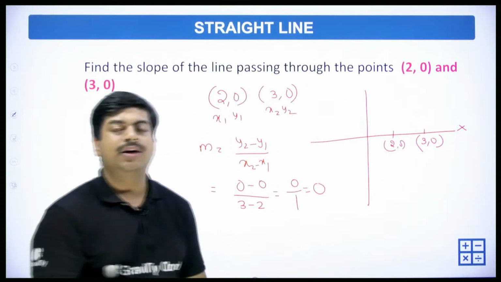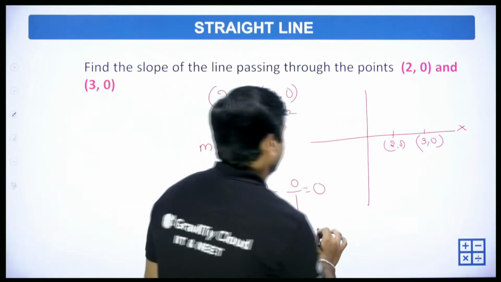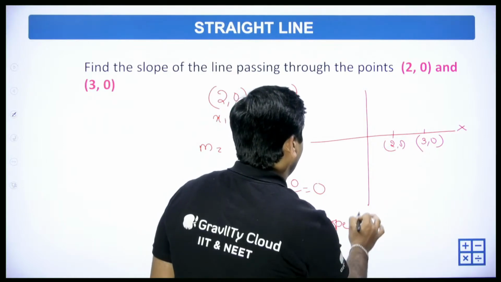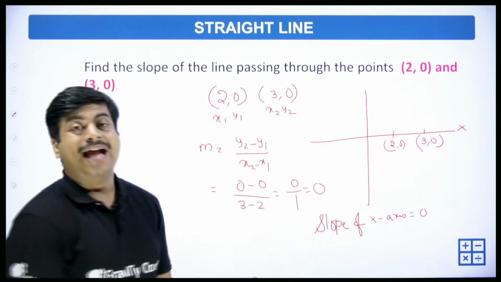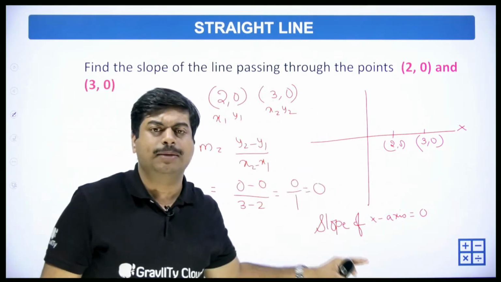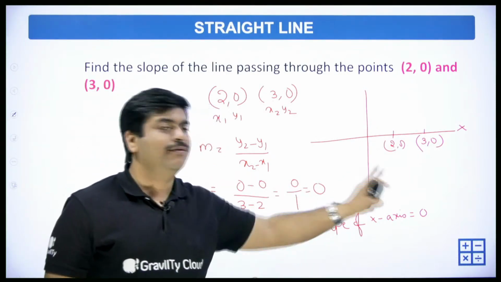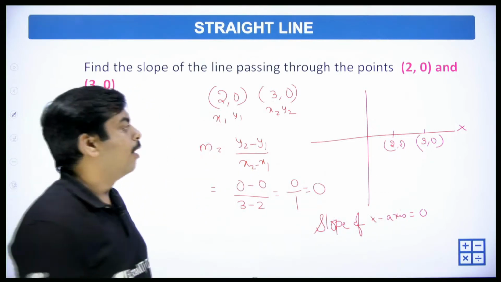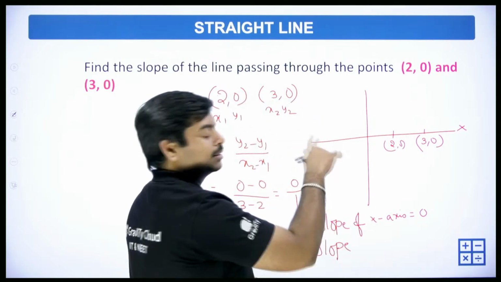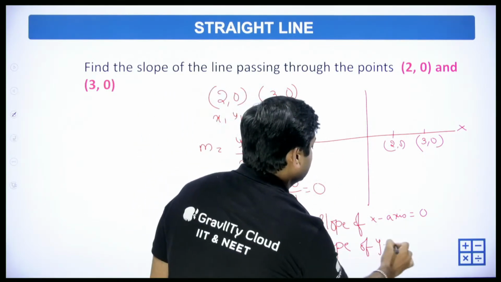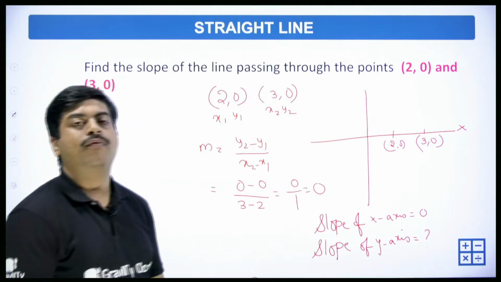We are just trying to find the slope of the x-axis. So the slope of the x-axis is 0, and the slope of any line parallel to the x-axis will also be 0. Next, try to take a few points on the y-axis and find the slope of the y-axis, and tell me what we get.